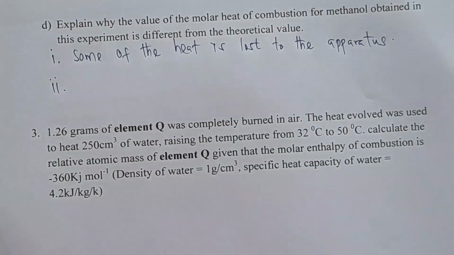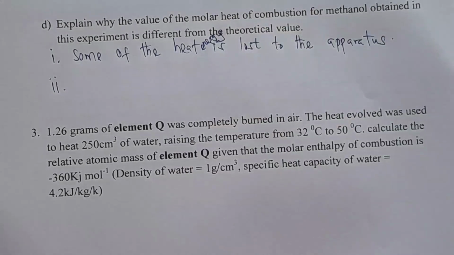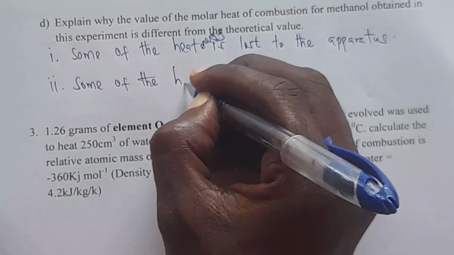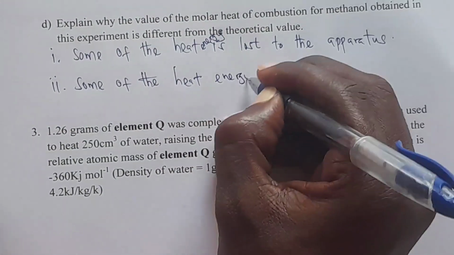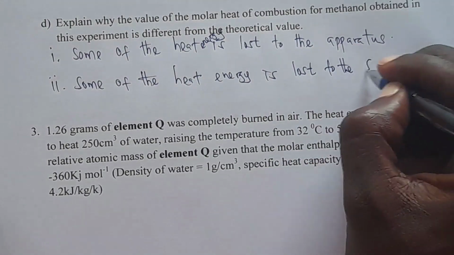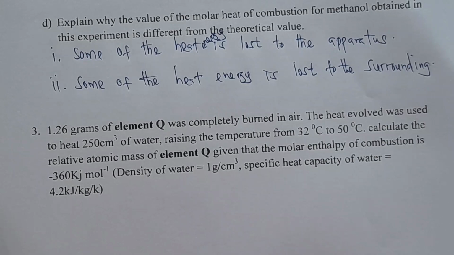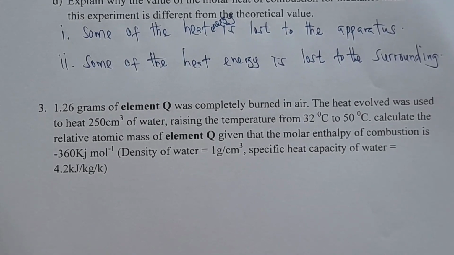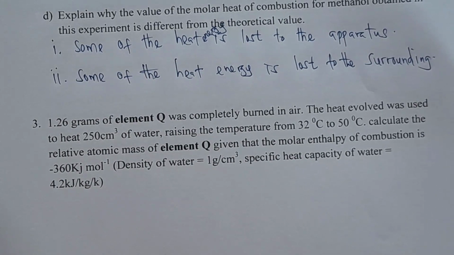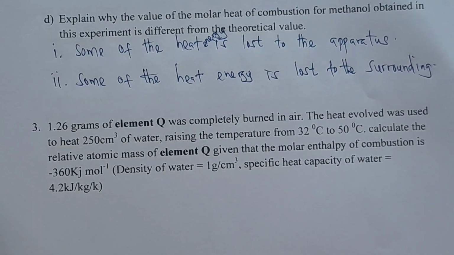Then the second point, some of the heat energy is lost to the surrounding as well, which is not accounted for in the calculation, making the value of the molar heat of combustion of methanol obtained in this experiment different from the theoretical value, or the ones that are quoted in data books or in our textbooks. So we go to example 3.